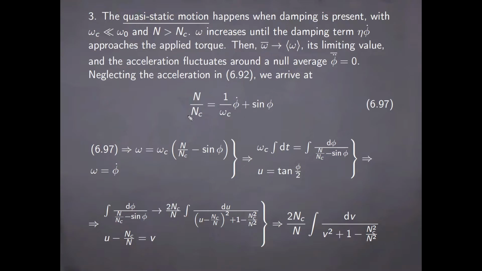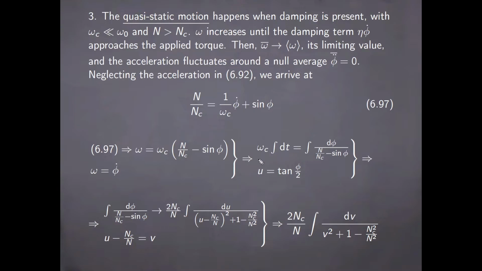an analytical solution. First of all, we can rewrite it in this way, with omega being given by the time derivative of phi, and then we try to integrate it with respect to phi and time.